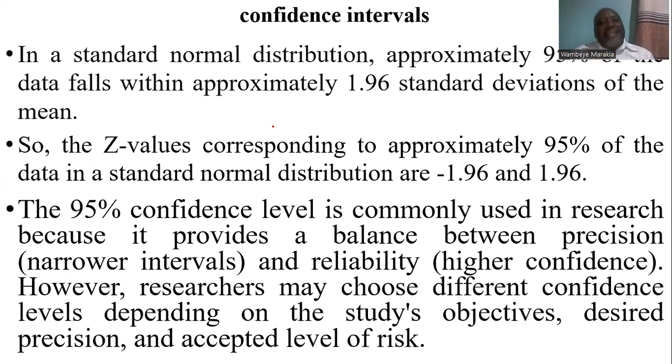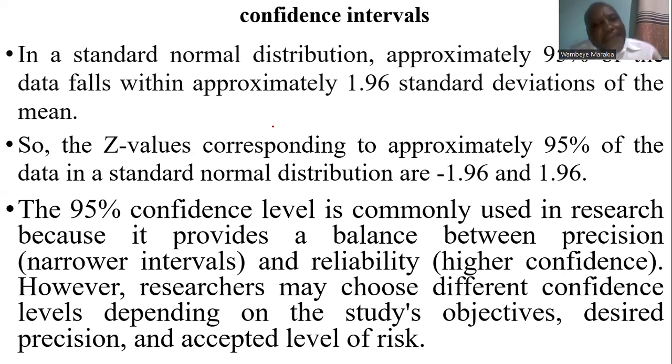So we're saying that the Z values corresponding to approximately 95% of the data in a standard normal distribution are negative 1.96 and positive 1.96.